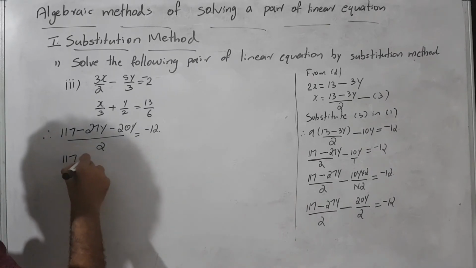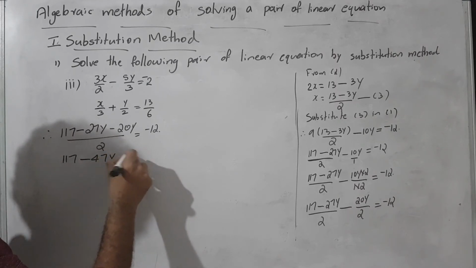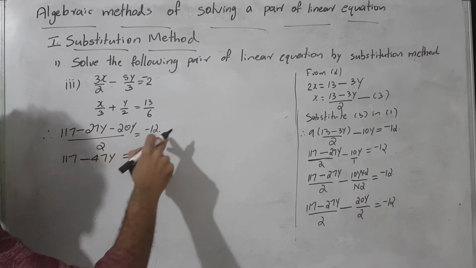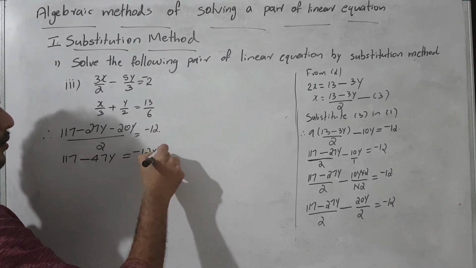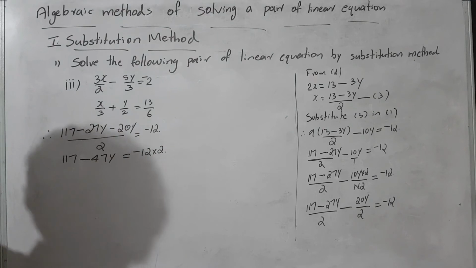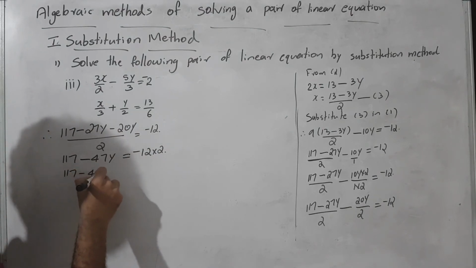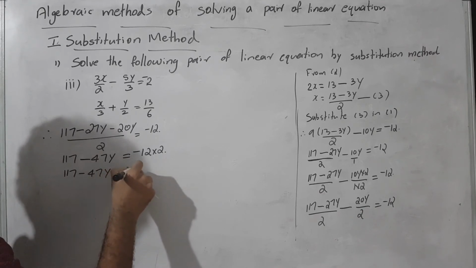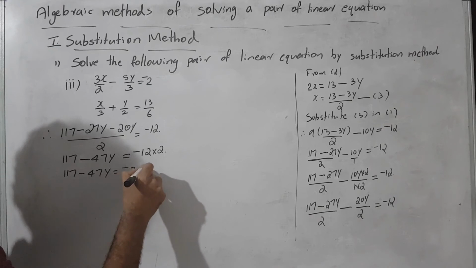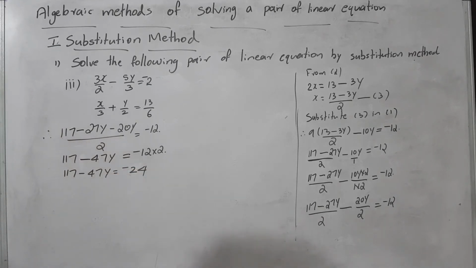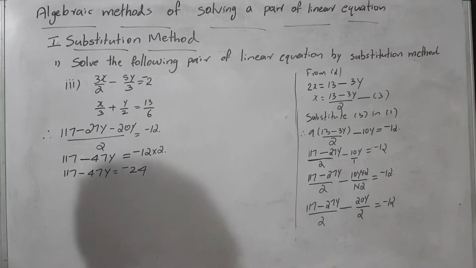As minus 47y is equal to, we transpose the 2 to the side of minus 12, then what do you get? Minus 12 into 2. Okay, then 117 minus 47y is equal to minus 24. Correct?